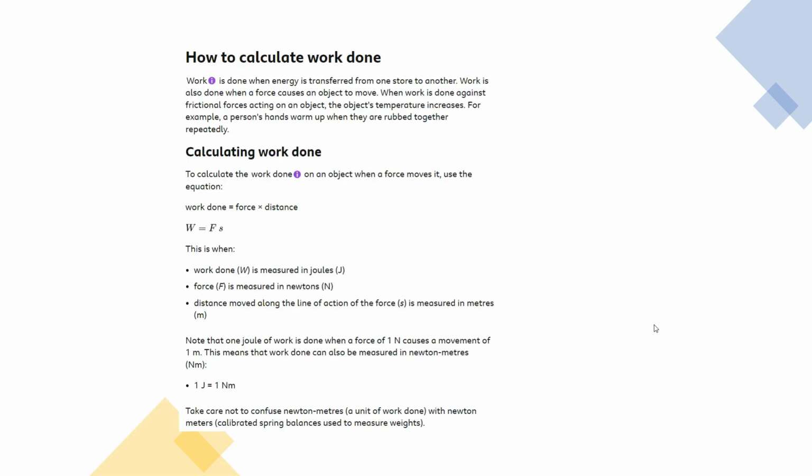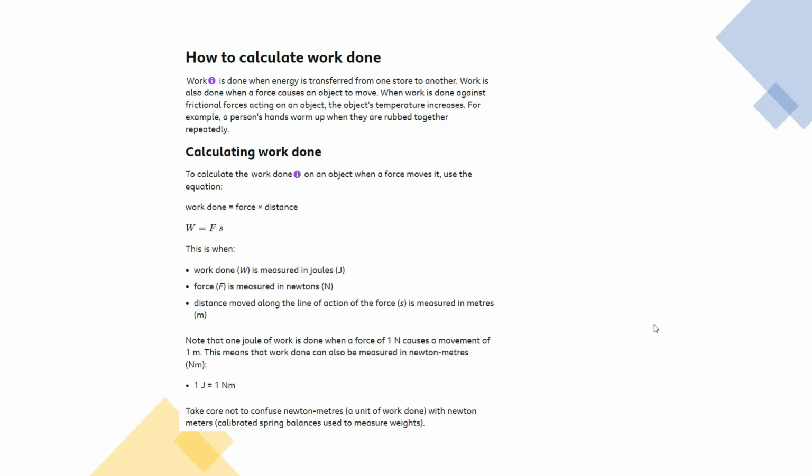Now moving on, how to calculate work done. Before that, what is work done? Work done is when energy is transferred from one store to another. Let's suppose you are pushing or pulling a door.